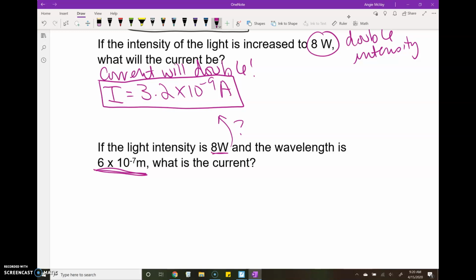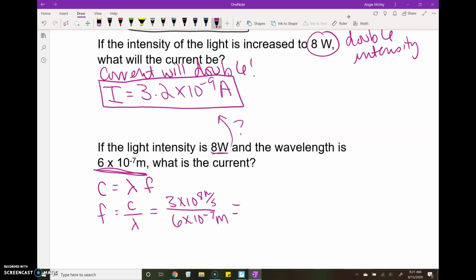So let's take this wavelength and turn it into a frequency. Remember, speed equals wavelength times frequency, so frequency equals speed over wavelength. We're looking at the speed of light here. So we've got 3 times 10 to the 8 meters per second, and the wavelength is 6 times 10 to the minus 7 meters.